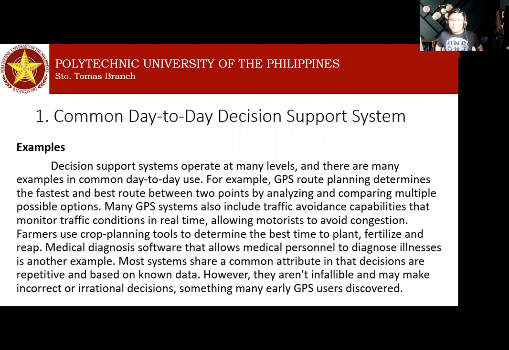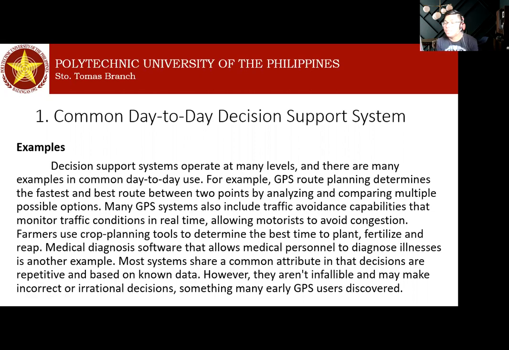So most systems share common attributes: the decisions are repetitive and based on known data. However, they are fallible and may make incorrect or irrational decisions, something many early GPS users discovered. So sabi nga, hindi lahat ng information na lumalabas doon sa ating mga DSS is tama.